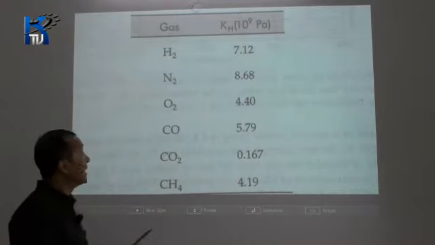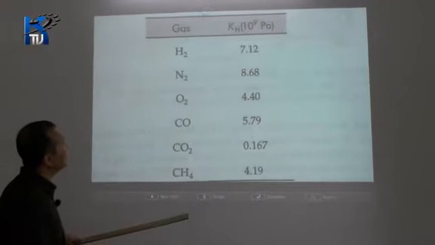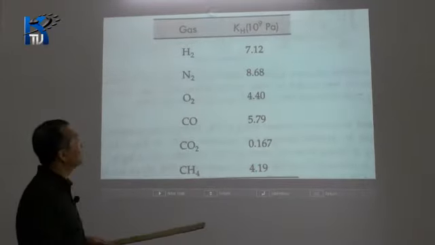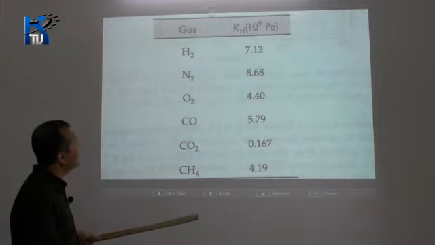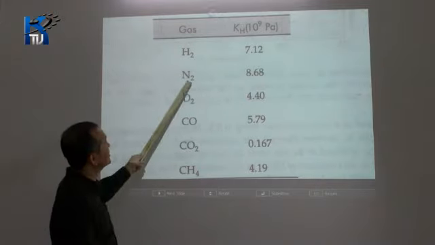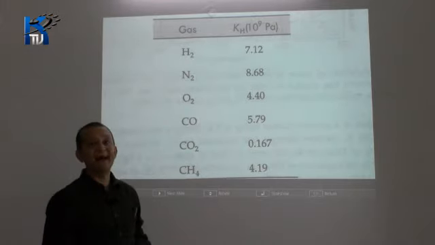Now, which gas is most soluble in water? You can see the higher the K_H value, the less the solubility. The highest value of K_H is that of nitrogen, which is 8.68 into 10 to the power of 9 Pascal.